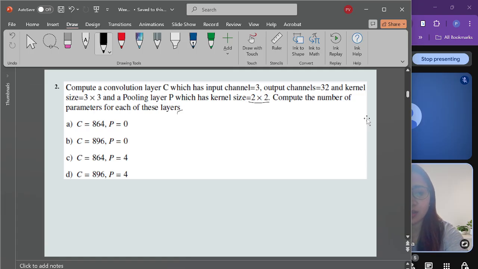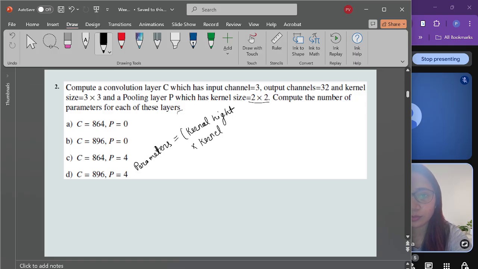The number of parameters in a convolution layer is calculated by: parameters equals kernel height times kernel width, multiplied by input channel, plus 1, and then after that multiplied by output channel.